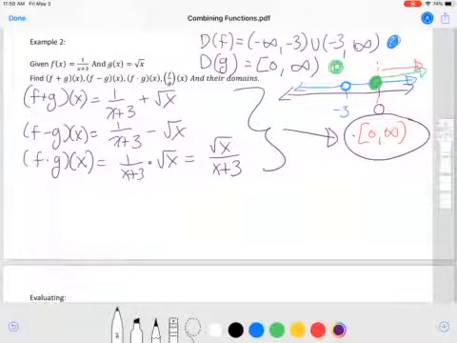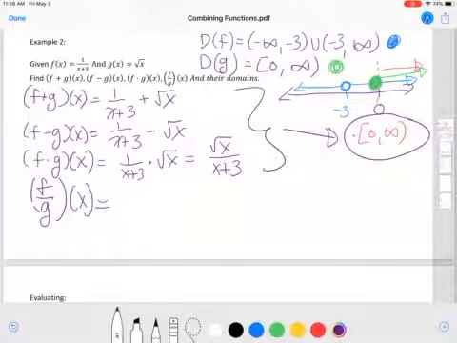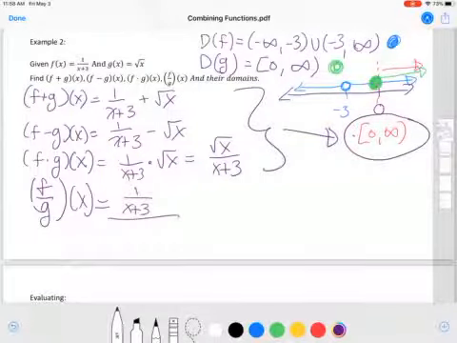Now when we do f divided by g, I also have to take into consideration that the denominator cannot be equal to 0. So when I do f divided by g, f is going to be 1 over x plus 3, and I'm going to divide that by g, which is the square root of x.